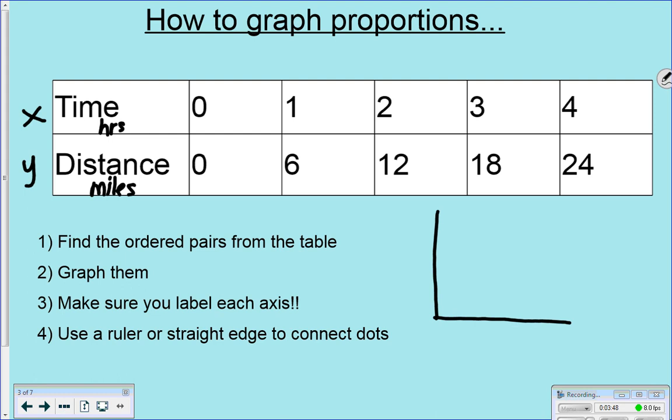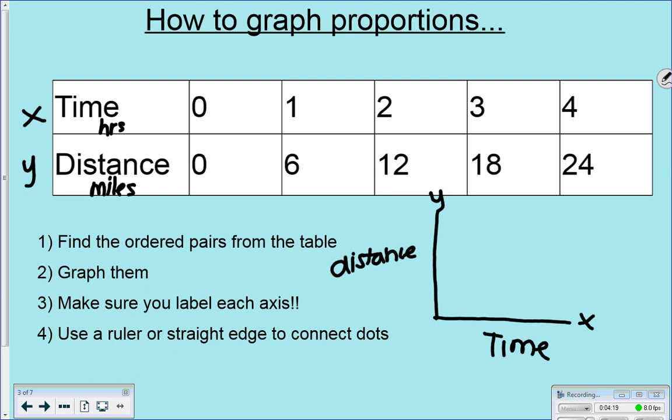The top is going to be on your x-axis, and your bottom is going to be on your y-axis. Lauren, you asked to make sure you label each axis. That's what that means. My time is going to go down here, and my distance is going to go over here. Does that make sense now? This is my x-axis, and this is my y. So on my y, I want my distance. On my x, I want my time.